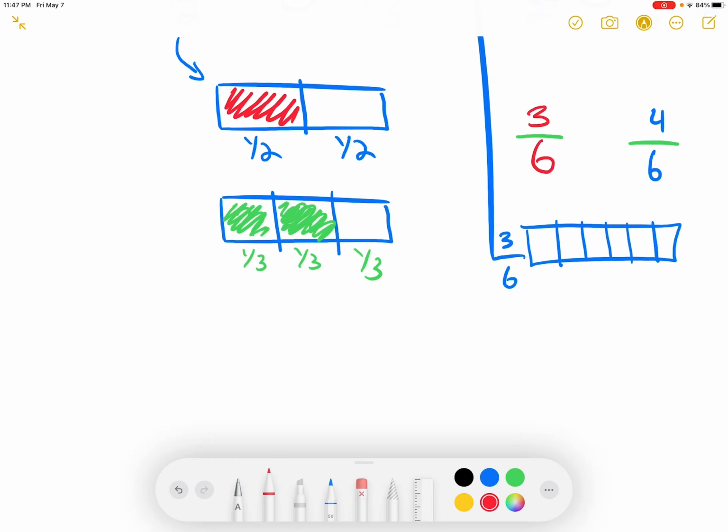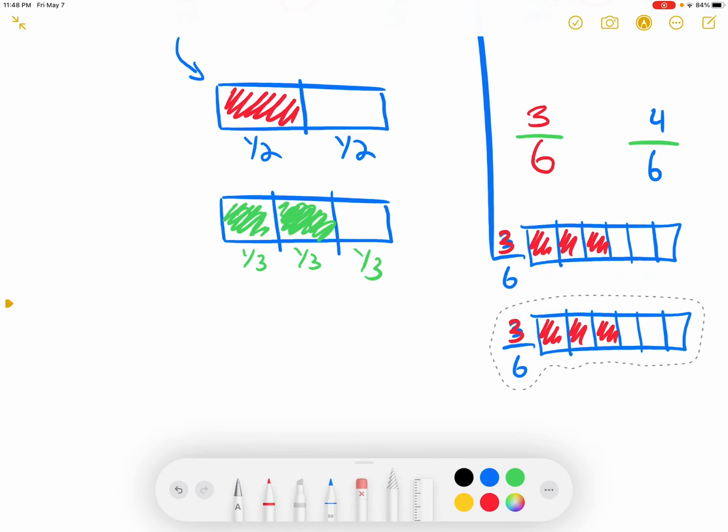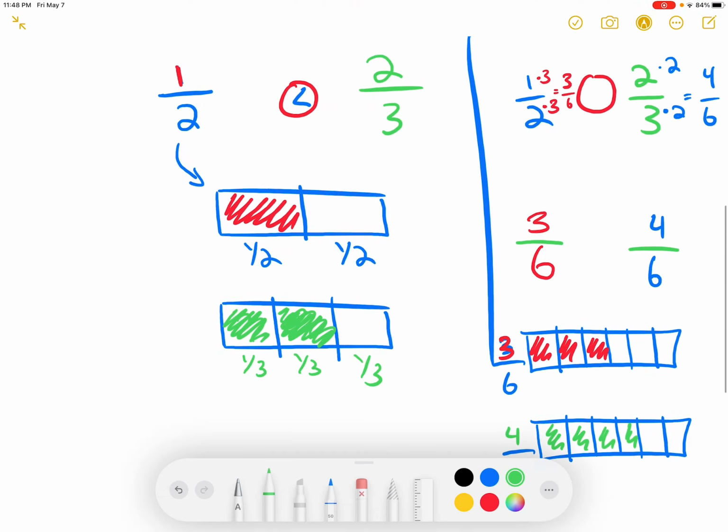I can see that if this is 3/6, right? 1, 2, 3. 3/6 is bigger than, oh, not 3/6, I'm sorry. 4/6 is bigger than 3/6. 1, 2, 3, 4. Look at that. It's very clear that 4 out of 6 is bigger than 3 out of 6.